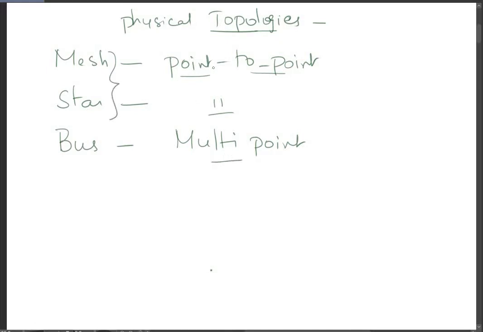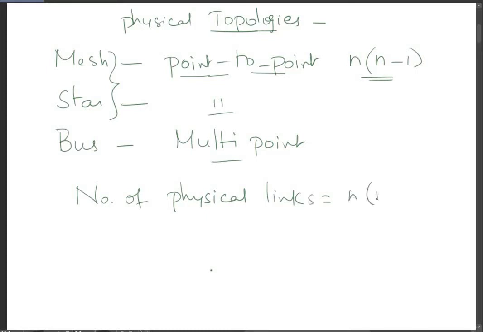We have also seen how to calculate the number of physical links in the mesh topology. We use this formula n into n minus 1, where n is the number of devices or nodes.